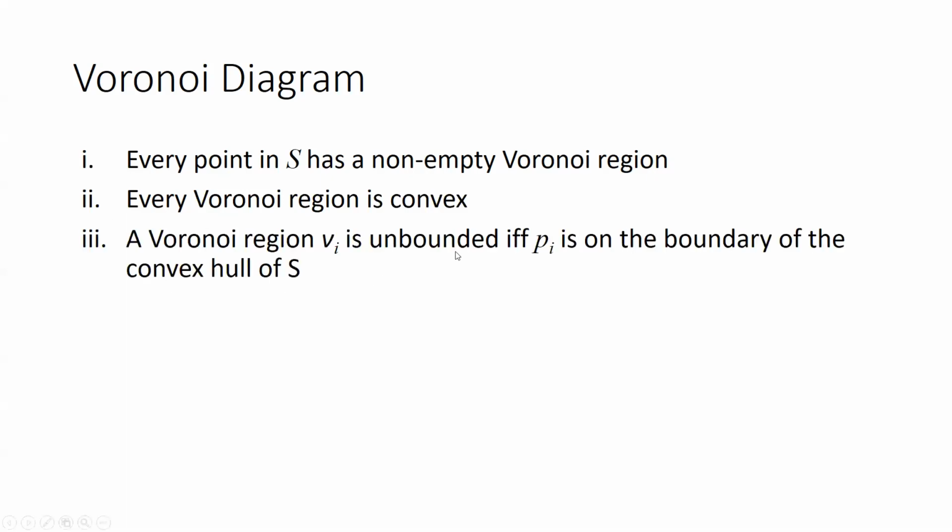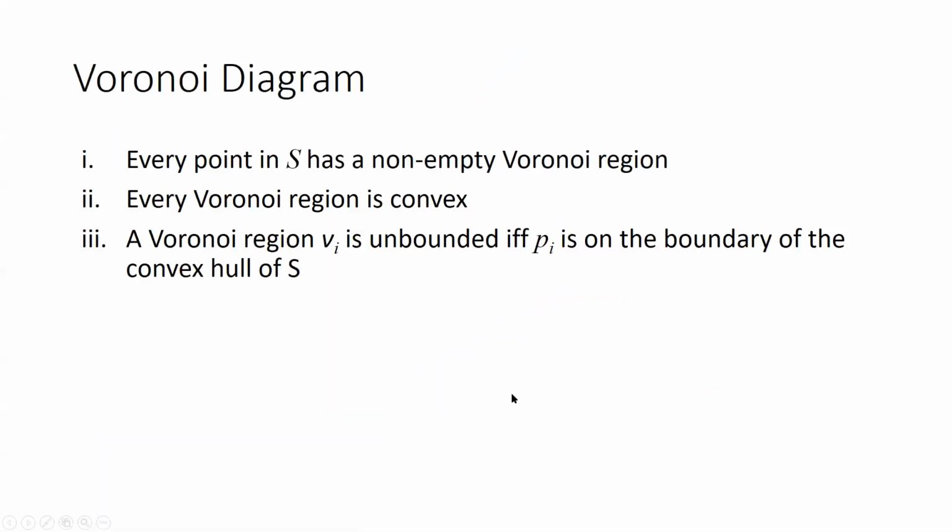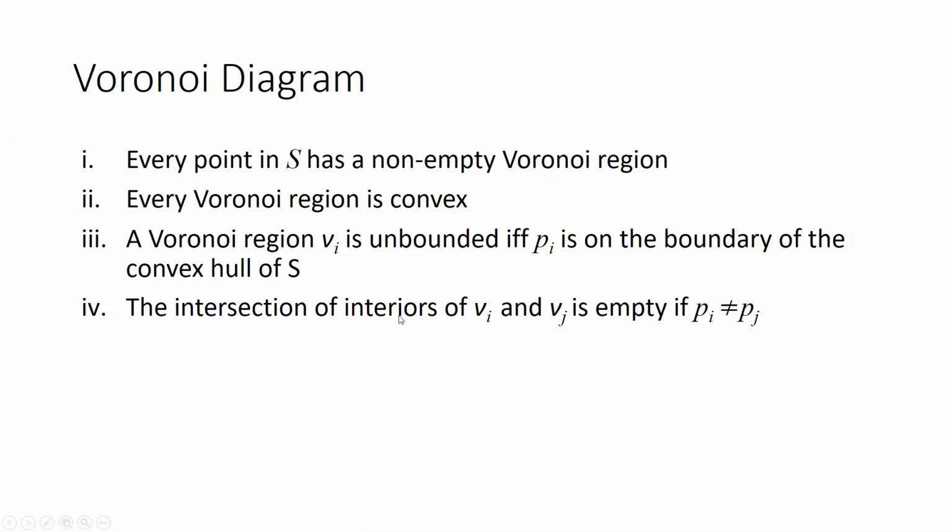And the Voronoi region is unbounded if Pi is on the boundary of the convex hull. Unbounded means, for example, you see that P3 is bounded, but P1, P2, P5, and P4 are unbounded. They actually go to infinity. And the intersection of the interiors of nu 1 and nu 2 is empty.